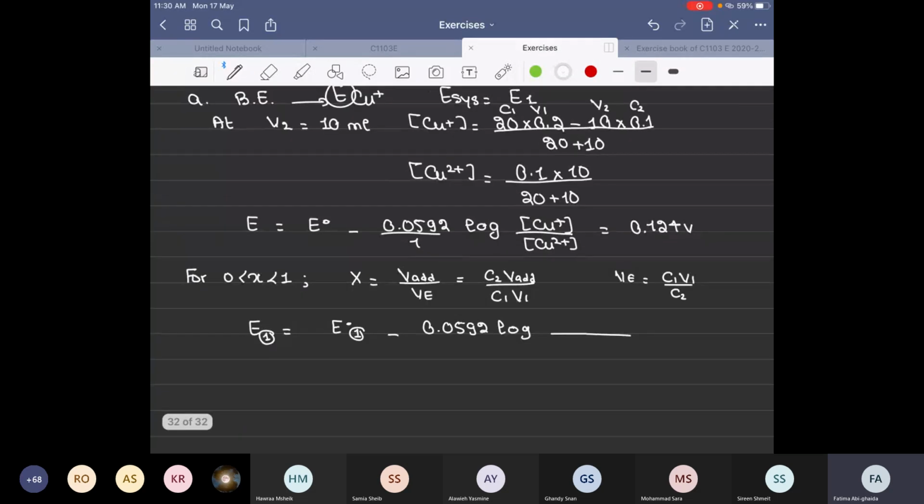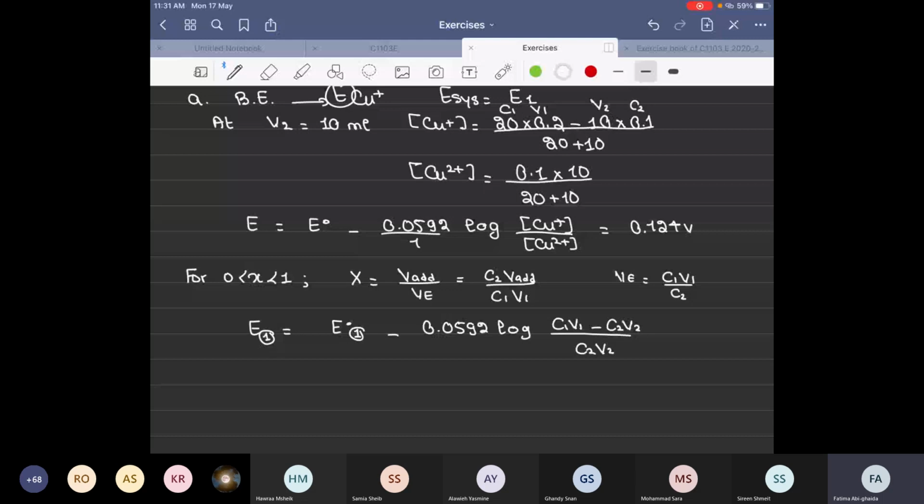شو بتساوي Cu plus؟ already نحن قلناها C1 V1 minus C2 V2 على V1 plus V2. هلا بالاخر V1 plus V2 will cancel divided by Cu2 plus اللي هي C2 V2 على ال V1 plus V2.